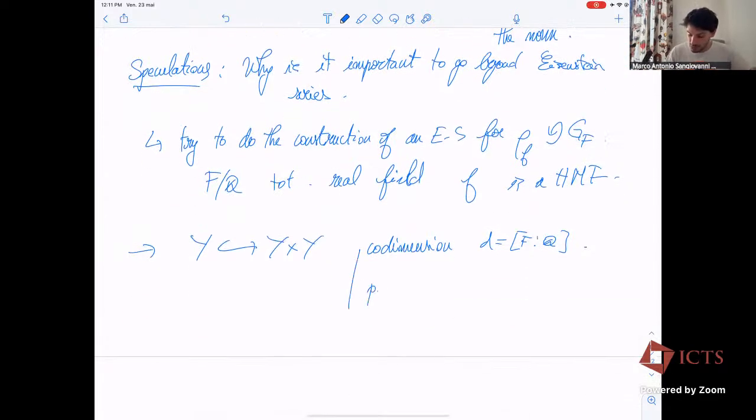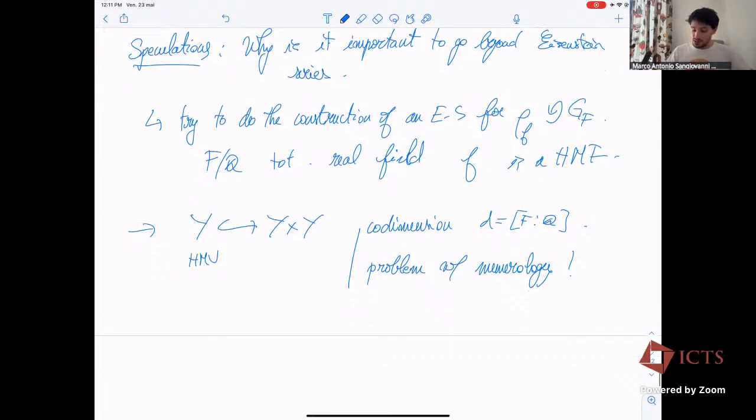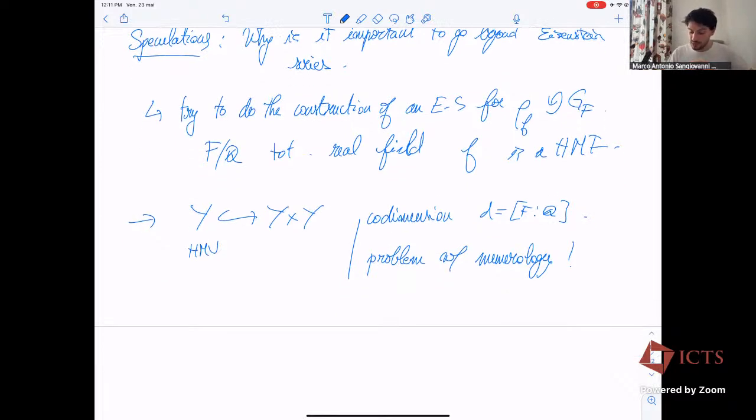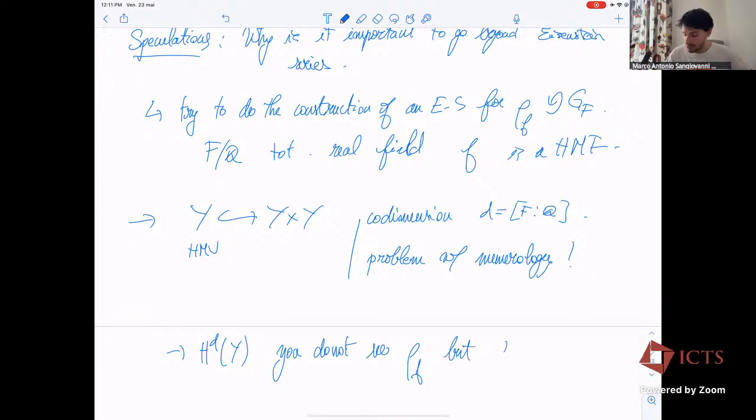So there is a problem with numerology, where Y is a Hilbert modular variety. There is also another problem: in the cohomology H^D of Y, you do not see rho F, but you see the tensor induction.